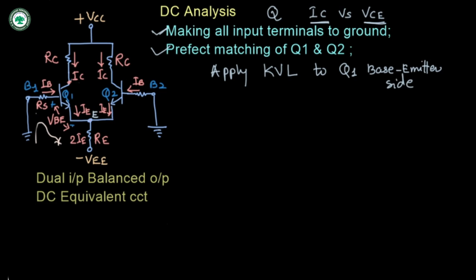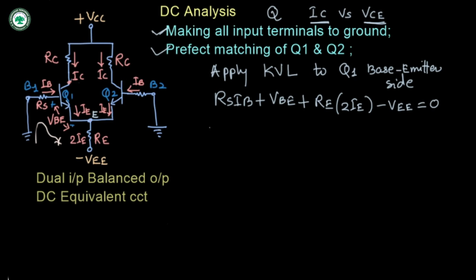We will be getting this type of equation: RS into IB, where this RS is the series resistor of this B1 base and the current passing is IB, plus this VBE, that is base emitter voltage, plus this RE into the current, which will be twice IE, minus VEE is equal to 0.